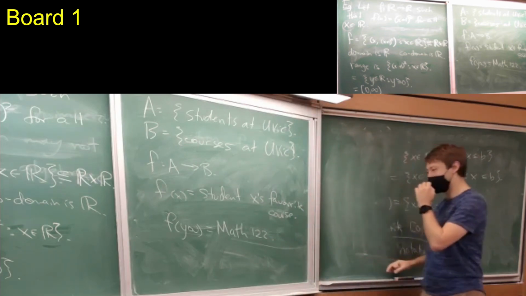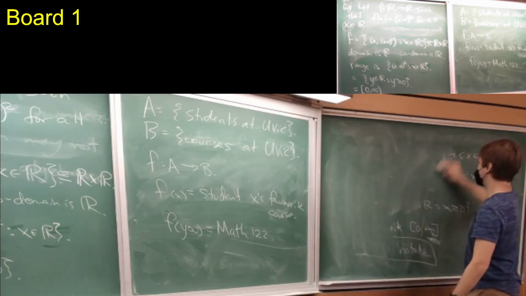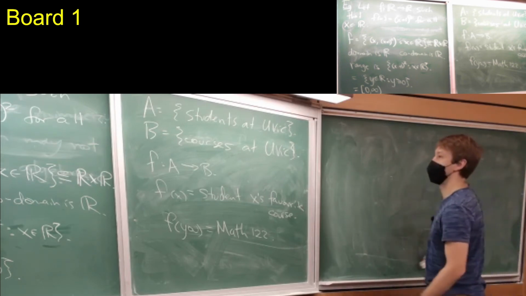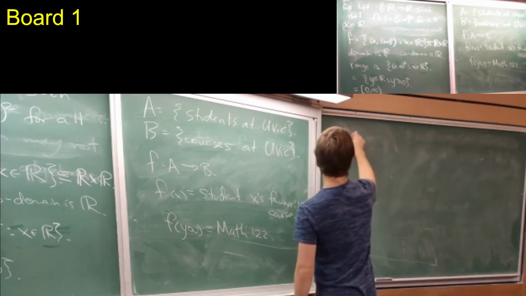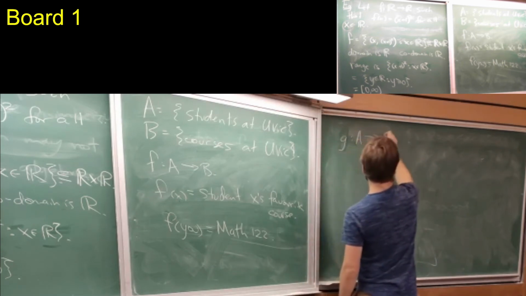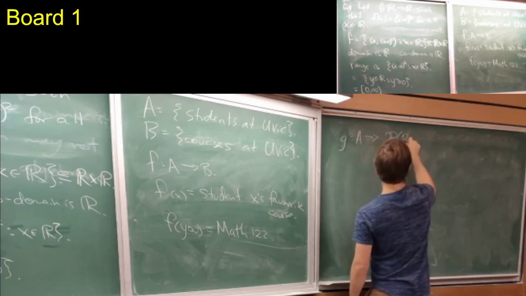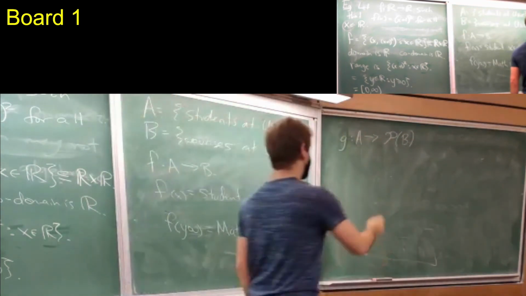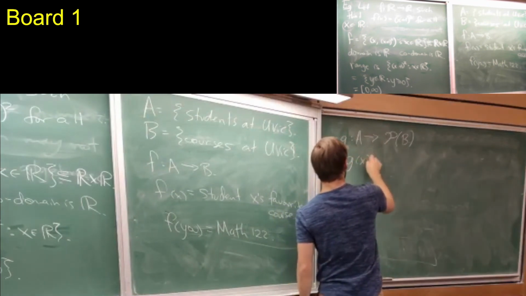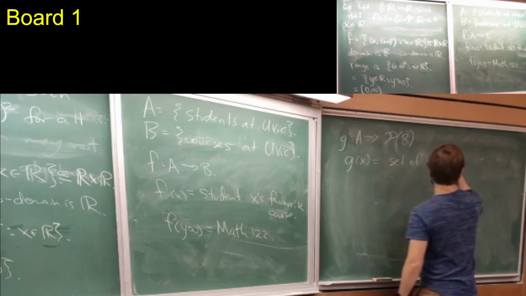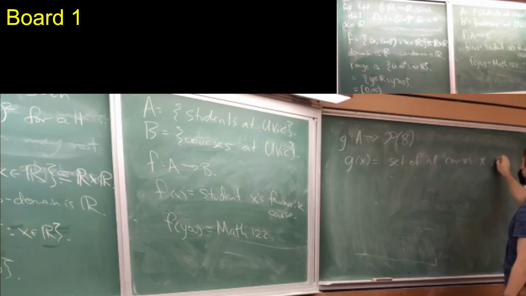However, what if I took the function where the codomain is the power set of this set? Let's call it G from A to the power set of B, where B is still courses at UVic. I could say G of X is the set of all courses that X is registered for.